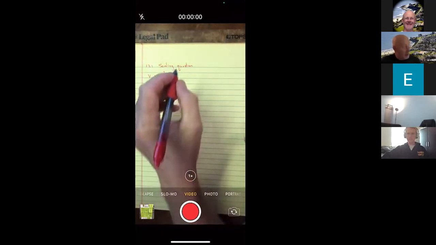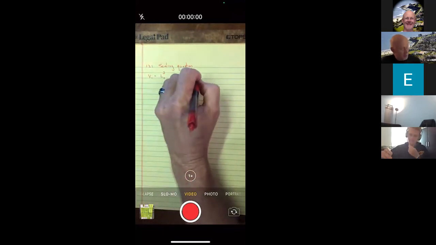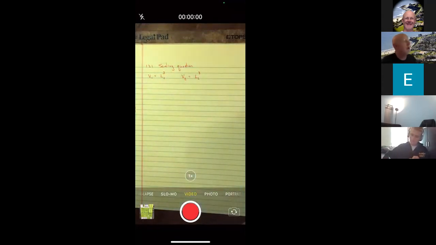Okay, then a large aquarium, so volume number 2, which would be L2 cubed. A large aquarium, which is also a cube, has a volume of V2. The length of the sides of the large aquarium are larger than the sides of the small aquarium by some scaling factor.